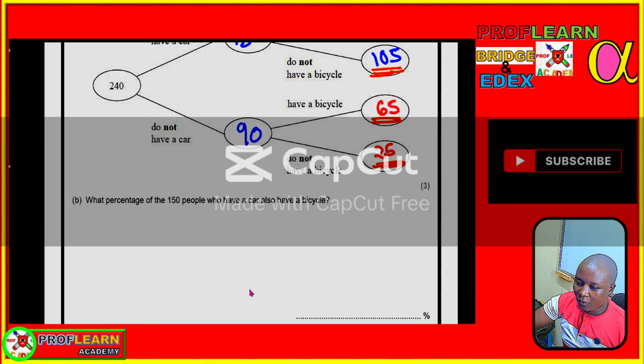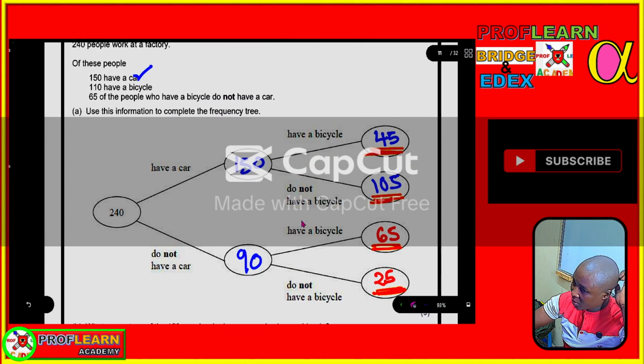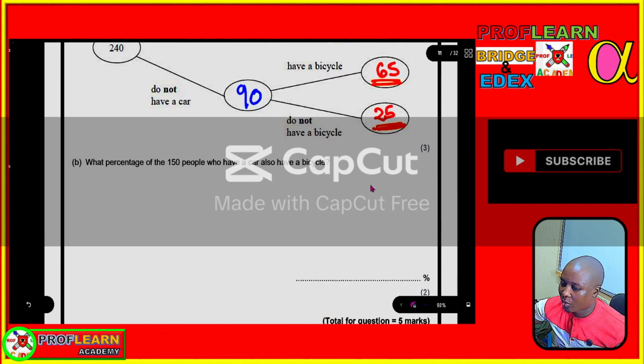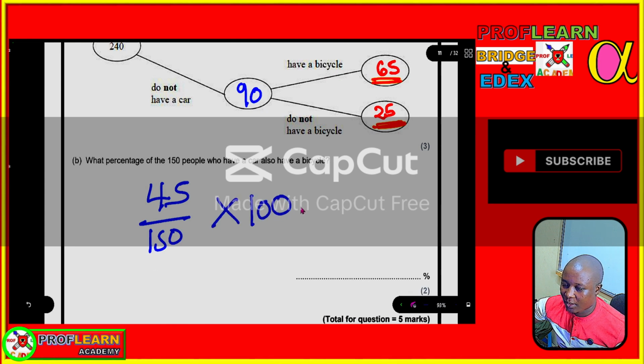What is the percentage of the 150 people who have a car that also have a bicycle? They have a car and also they have a bicycle. So what are we going to do? Those who have a car and a bicycle are basically these 45 people. So we're going to say 45 over 150 times 100.